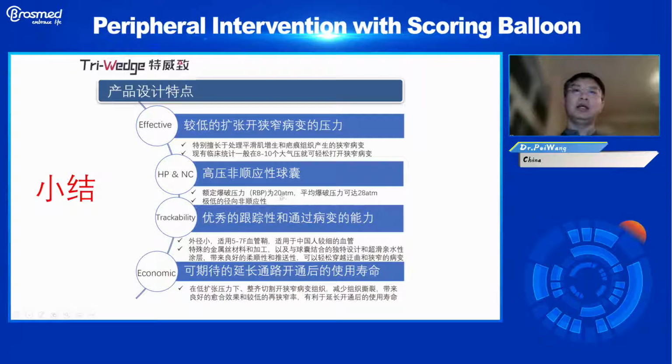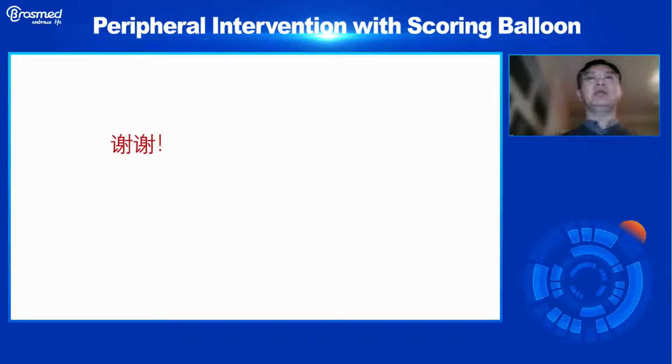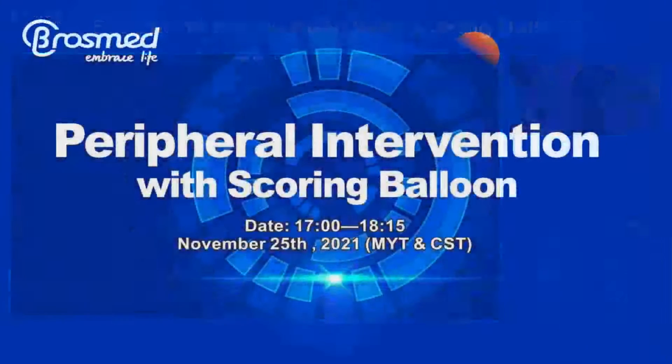And in theory, it's a high pressure non-compliant balloon. So for other refractory stenosis lesions, it has better opening capability, and it has excellent traceability and capability of passing the lesion. And for its long-term patency, we may need more clinical studies to see. That's the end of my presentation. Thank you.